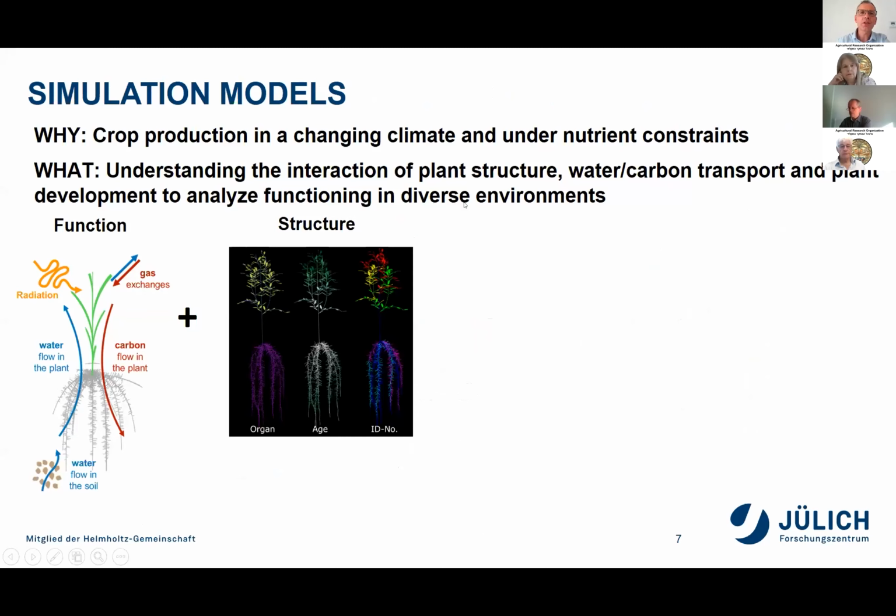The simulation models that we are developing go from detailed functional structural plant models, which couple the three-dimensional structure of the plant with internal flow and transport processes in the plant, so that the function of these organs and the function of the structure of the plant can be analyzed in diverse environments.